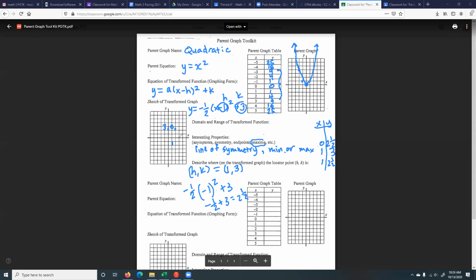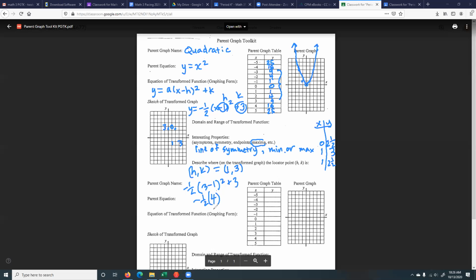And then I could plug in negative 1, or I could plug in 3 over here. Let's go ahead and plug in 3. So I'm going to erase this work and plug in 3. If I plug in 3, I'm going to get negative 1/2 times 3 minus 1 squared plus 3. 3 minus 1 is 2, and 2 squared is 4.